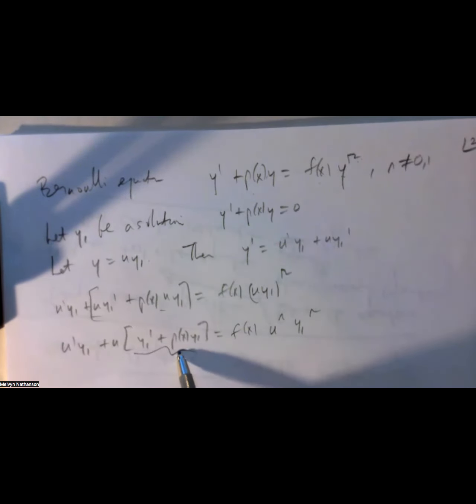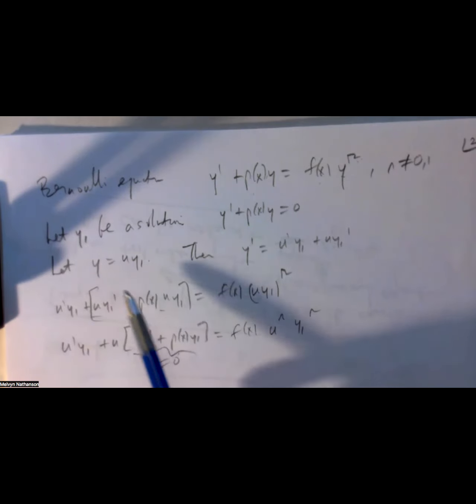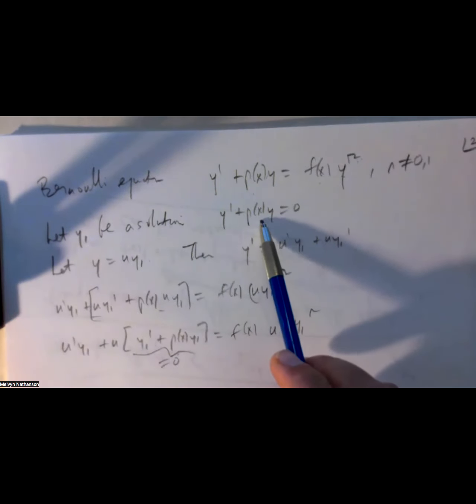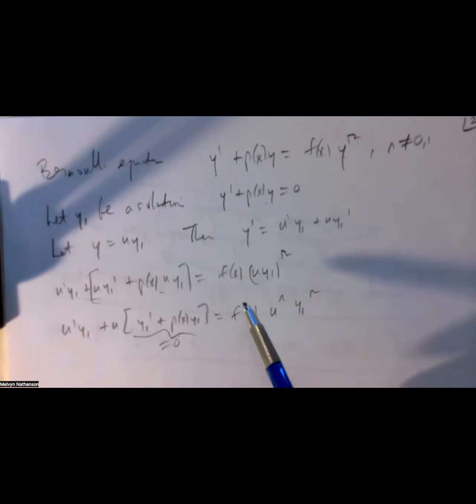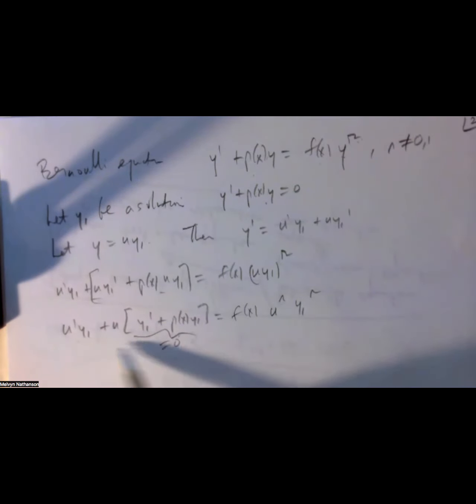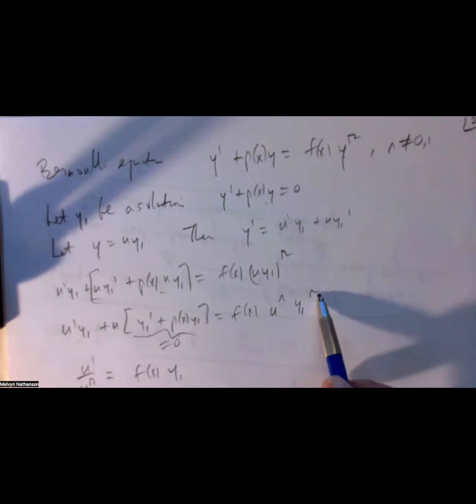But of course, this is 0. Of course, we chose y1 to be a solution of this homogeneous equation. So we get u prime y1 equals this. If we divide by u to the r, we get u prime over u to the r equals f of x y1 to the r divided by y1, which is y1 to the r minus 1.